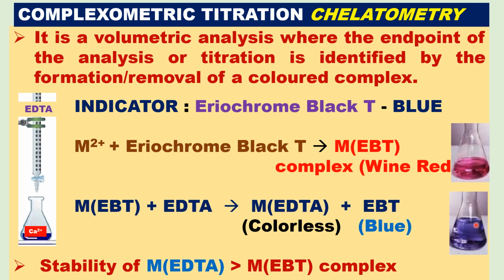At the end point there is formation of free Eriochrome Black T, which results in blue color. This replacement reaction occurs because the stability of the metal EDTA complex is much higher than the metal indicator complex.